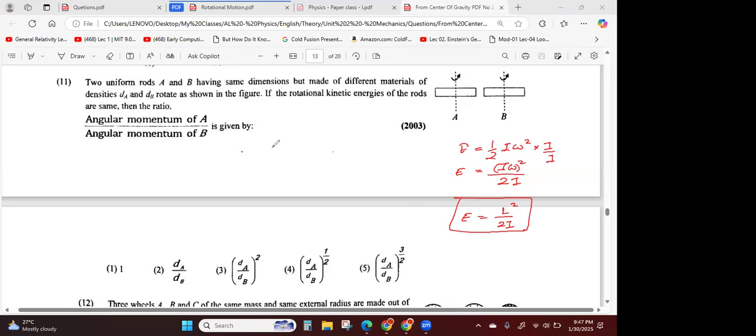Now I can equate the rotational kinetic energies. It says EA equals EB. So we can write LA squared over 2 times IA equals LB squared over 2 times IB.